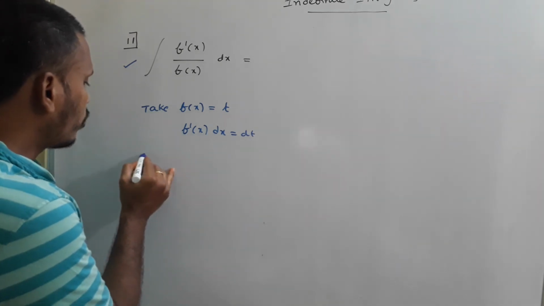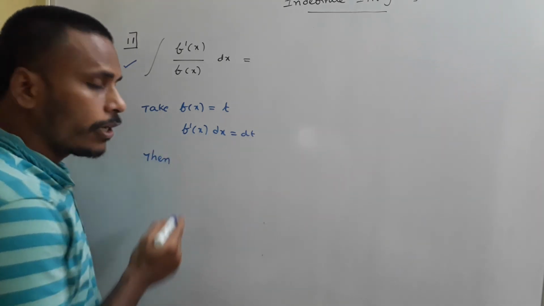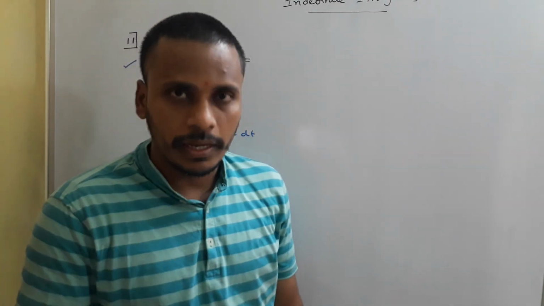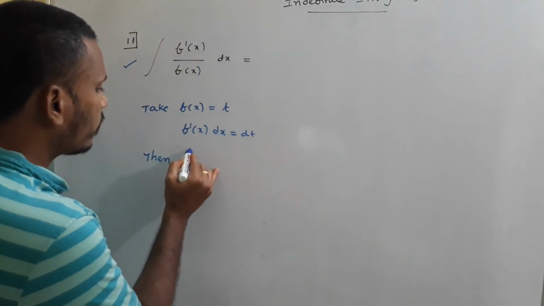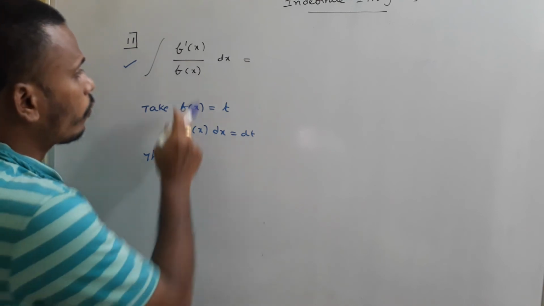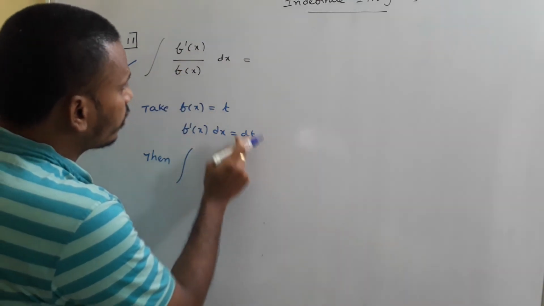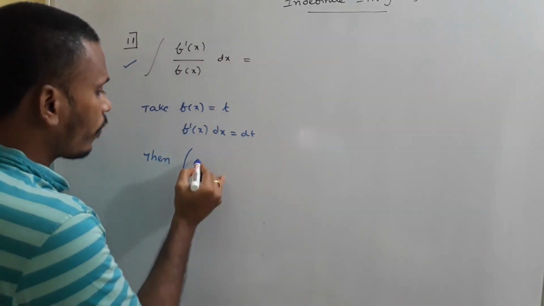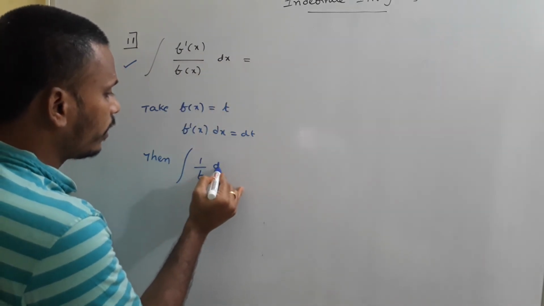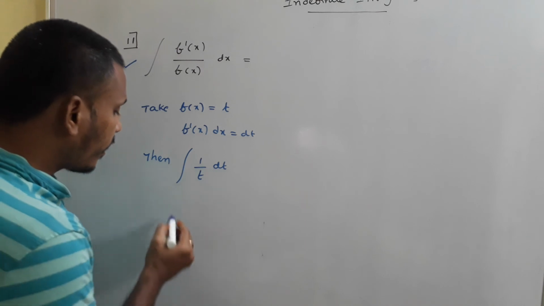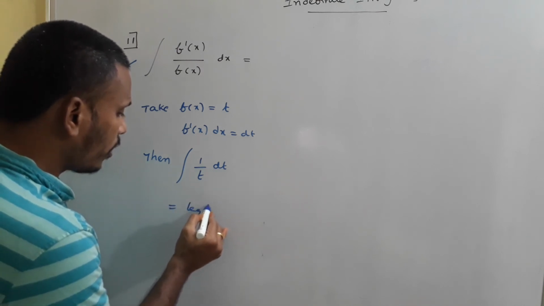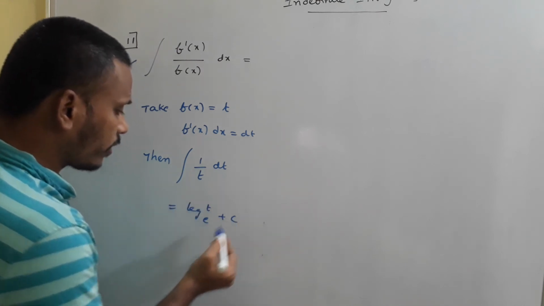Then you convert the complete problem from x into t. The given problem has f of x in the denominator, and f dash x dx is dt. So I will write it as integral of 1 by t dt, and the integral of 1 by t is log t base e plus c, as we learned.